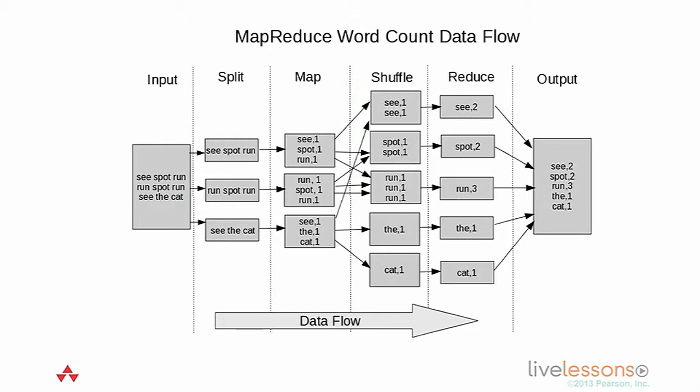So the first thing that happens in the MapReduce process is the split. And that is, we're going to split the actual input up into our blocks of data that are going to be run through the map process. Now the blocks of data usually are chosen to match the block size in HDFS so that they map really well into the file system. And these are going to be big blocks in the case of HDFS.